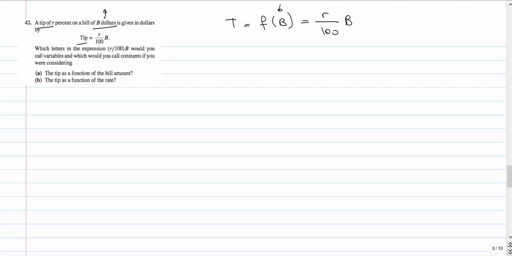Which letters in the expression would you call variables and which would you call constants if you're considering A, the tip as a function of the bill?